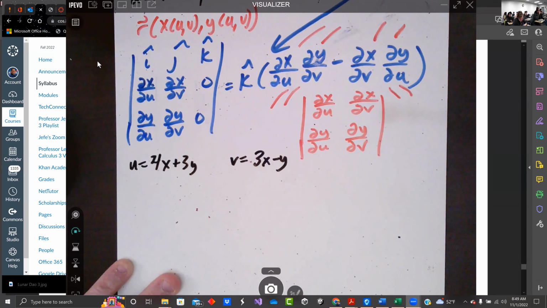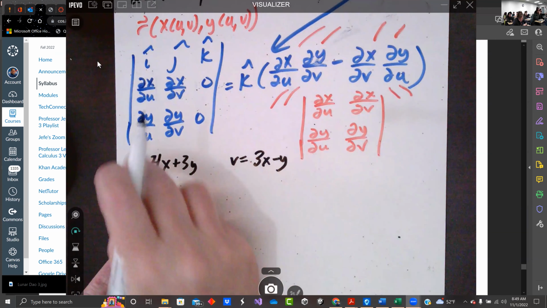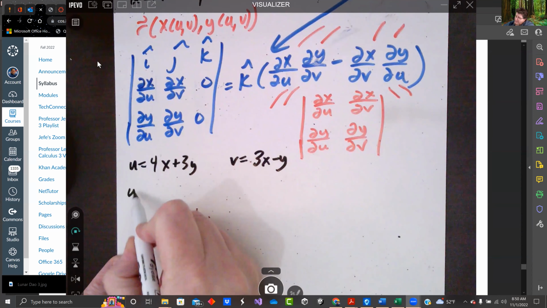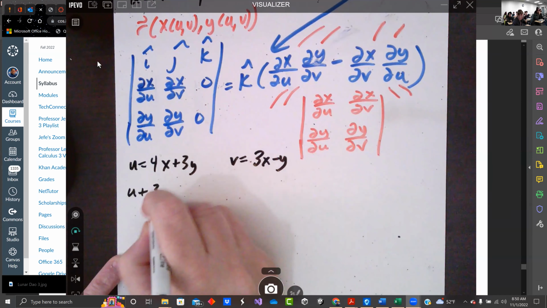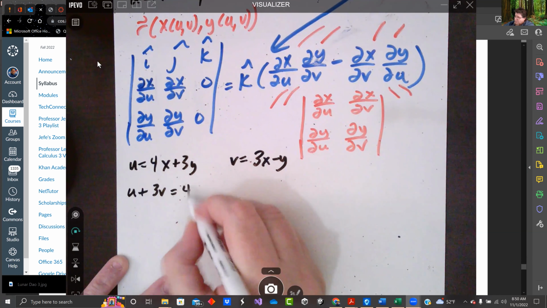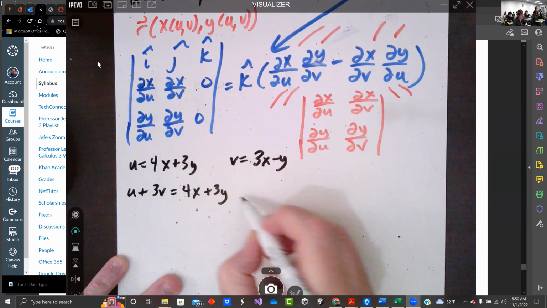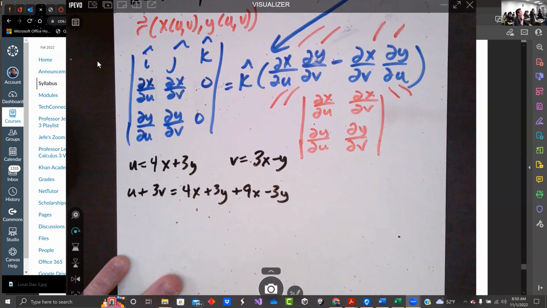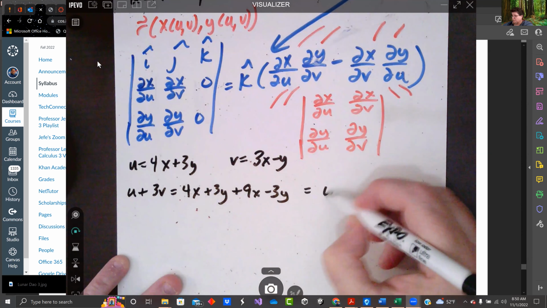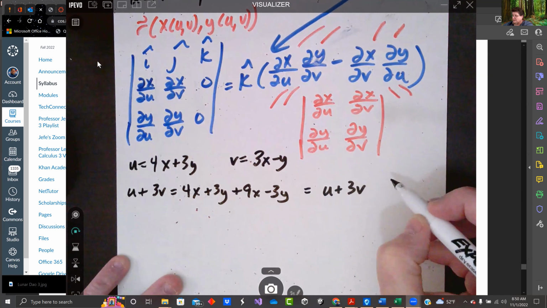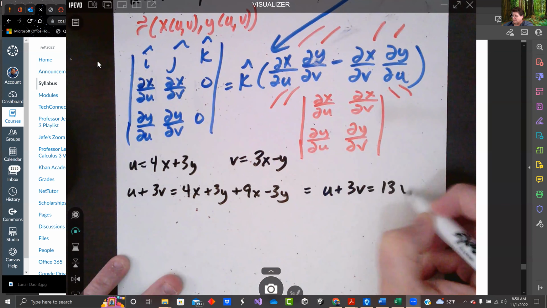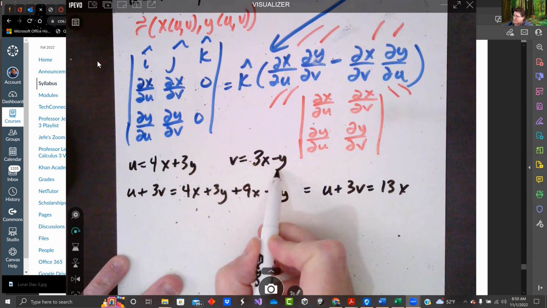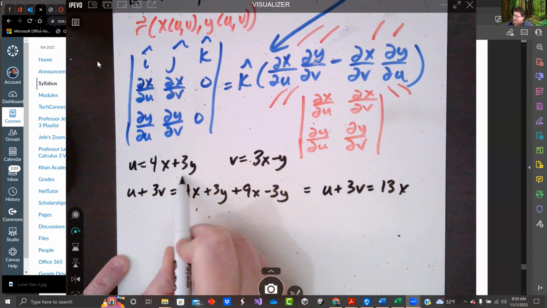If I do u plus 3v, I've got 4x plus 3y plus 9x minus 3y. So u plus 3v is 13x. The way I chose to do that is I multiplied this by a number so that when I add them together, I got rid of y.